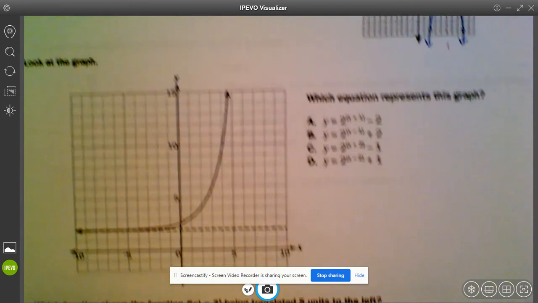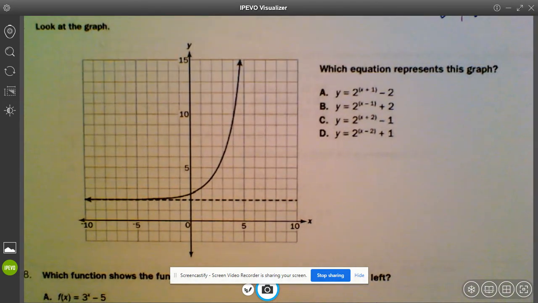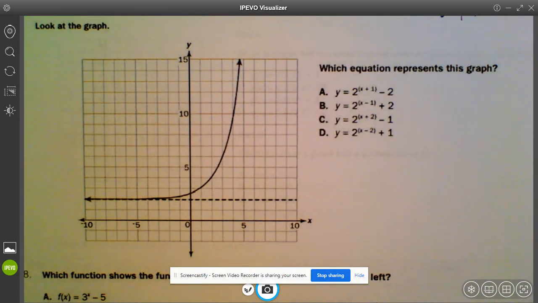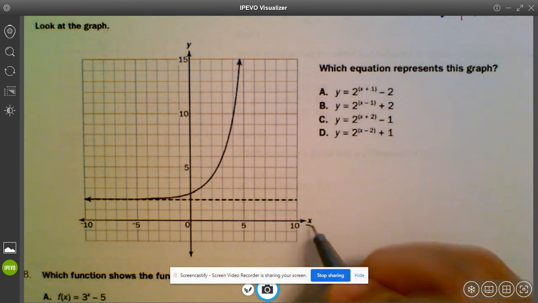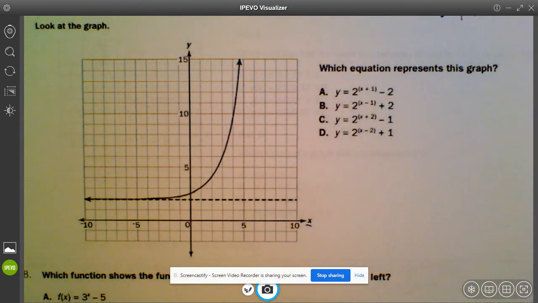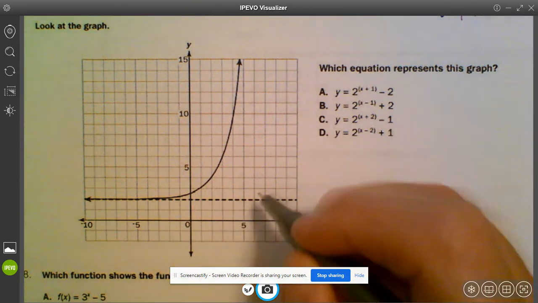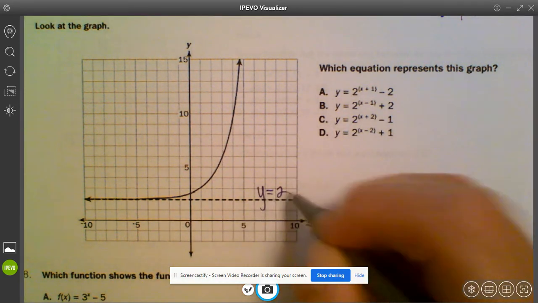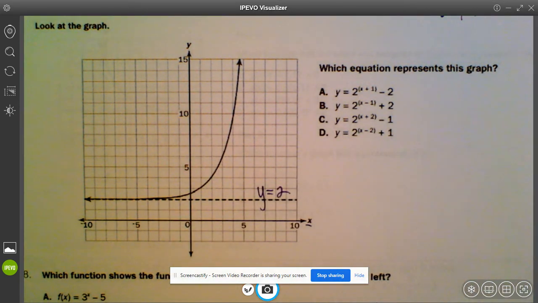All right, let's look at this graph. I would like to know which equation represents this graph. Well, the first thing I would like to do is find the axes to kind of give myself a bearing. So here's my x-axis, and then there's my y-axis. So I see that it's an exponential function, and I know that a standard exponential function has an asymptote at y equals 0. But I see that this function has an asymptote of y equals 2.